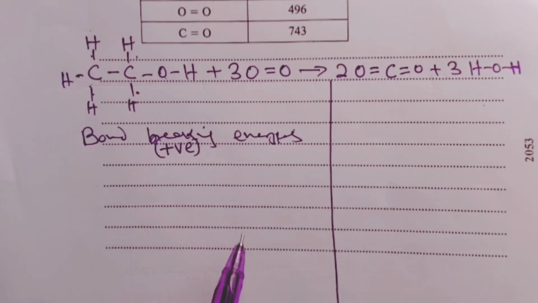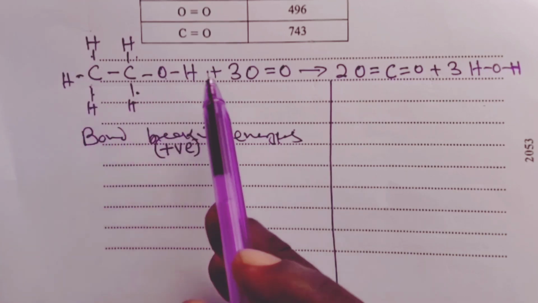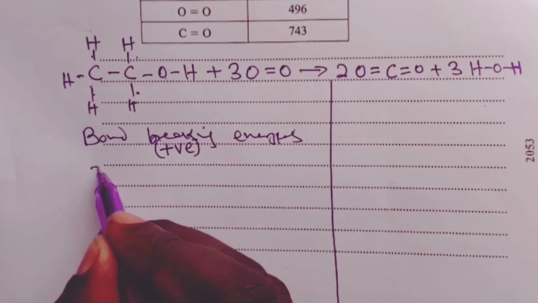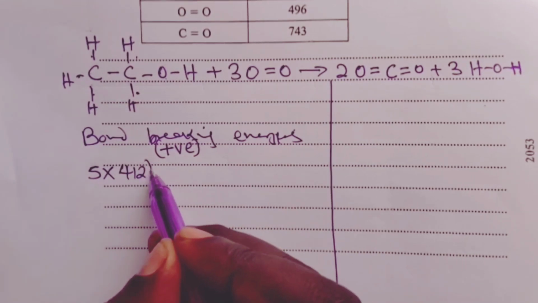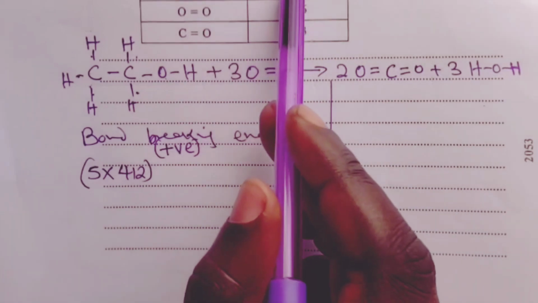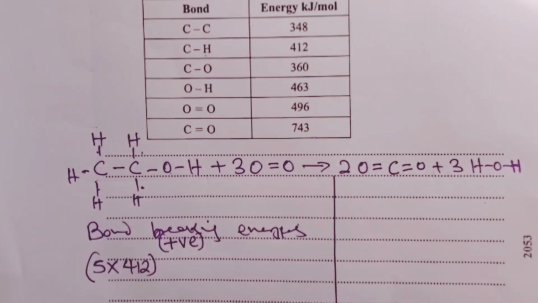So let's now go ahead. We've agreed that CH bonds are 5. So we shall multiply 5 by 412. According to our table, CH bond is accompanied by 412 kilojoules of energy.